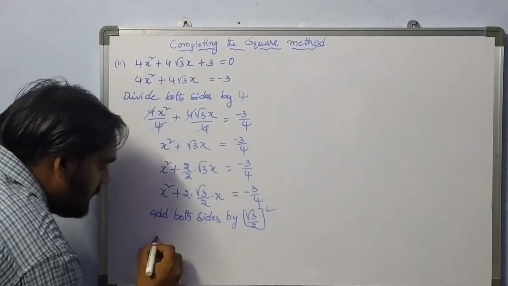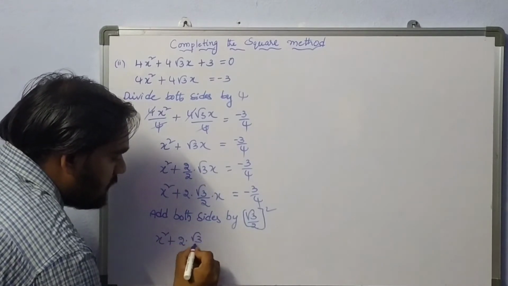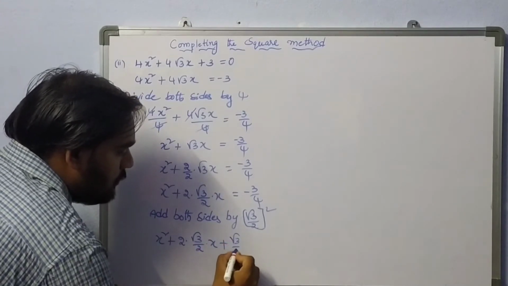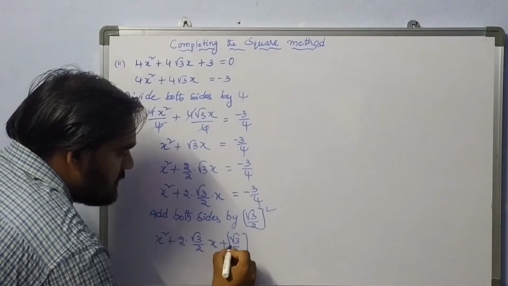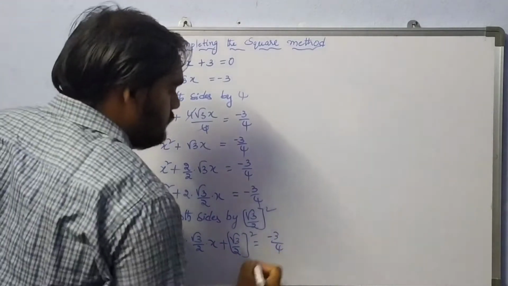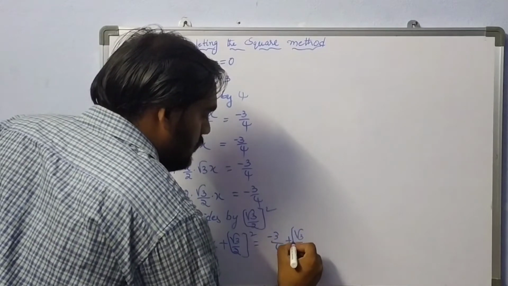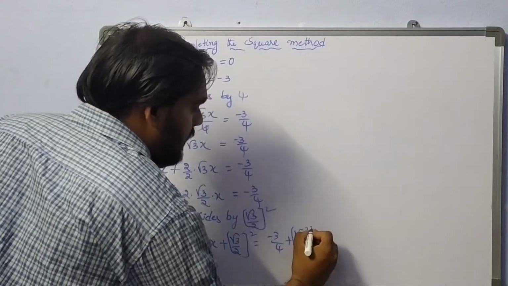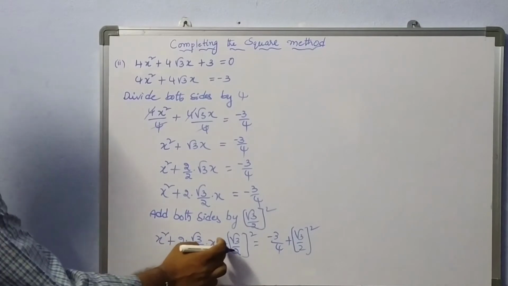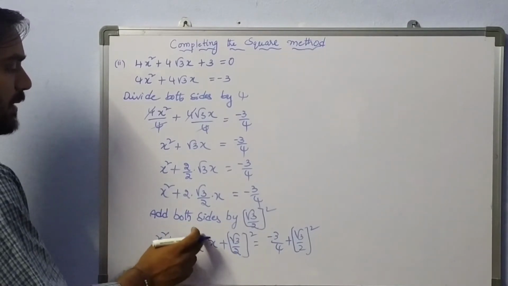At that time this will be x square plus 2 into root 3 by 2 into x plus root 3 by 2 whole square is equal to minus 3 by 4 plus root 3 by 2 whole square. Now a square plus 2ab plus b square. So here a is nothing but x, b is nothing but root 3 by 2.